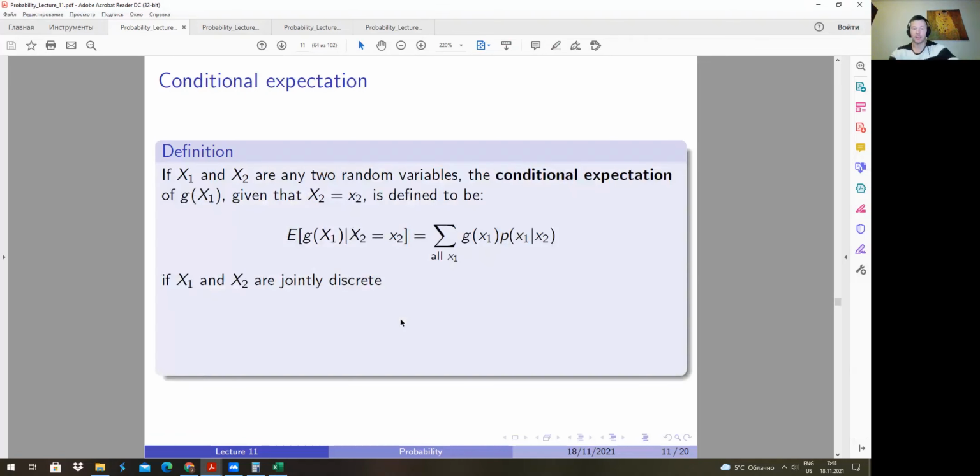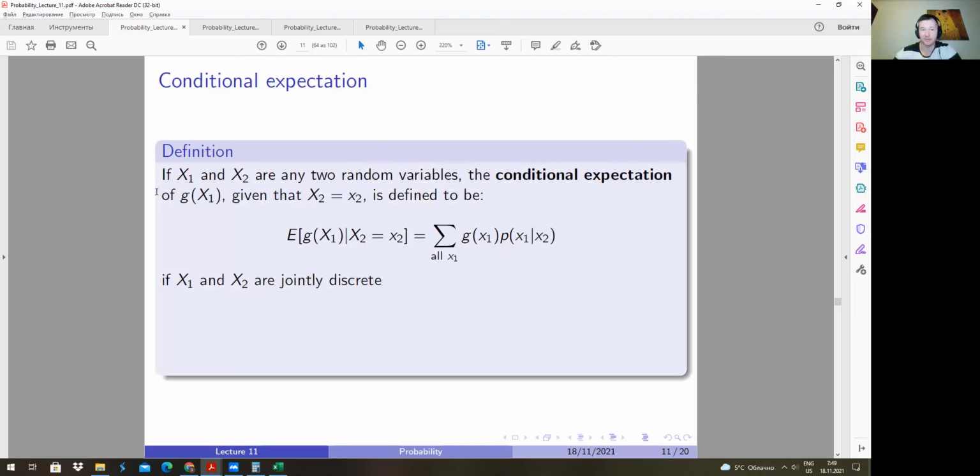So now we move to, I guess, the last thing in the topic of joint distributions, which is the conditional expectation. So we know conditional probability. So now we define the conditional expectation.